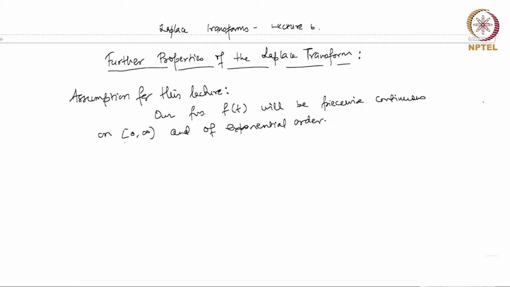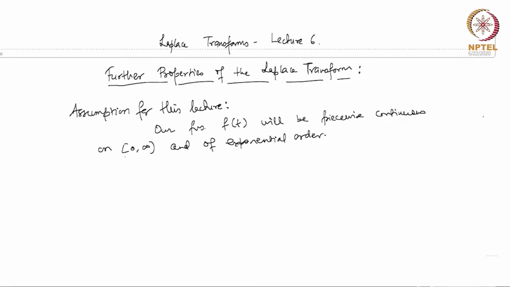So this assumption will make many of our technical points for the analysis of integrals easier, and so we have made this simplifying assumption. Most of the functions that we will see in this course will be of this type, so we are not losing too much from this assumption. So let us see our first property.